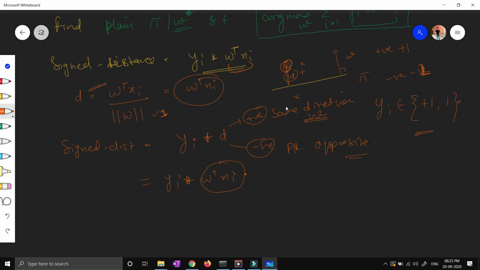And if there is a point over here, this distance is negative because it is in the opposite direction. So if the distance of a point from the plane is 1 and it is in the opposite direction, we will say it's negative 1. I'll add this minus over here.